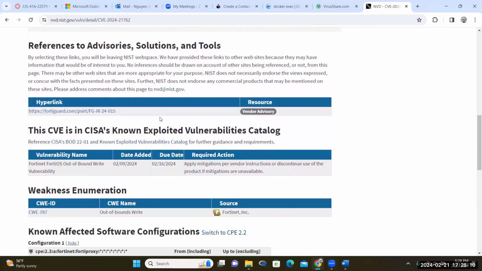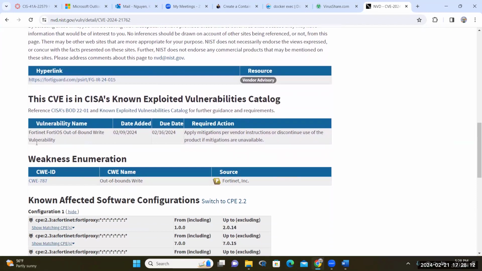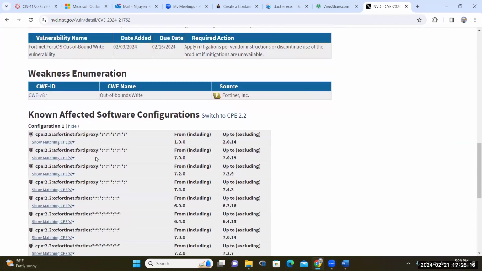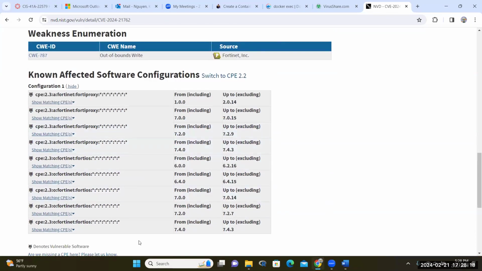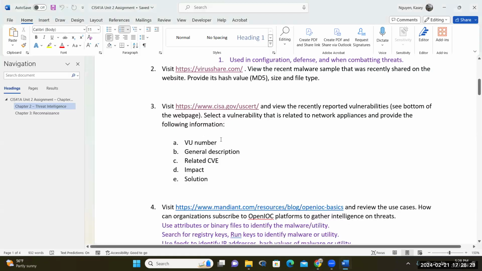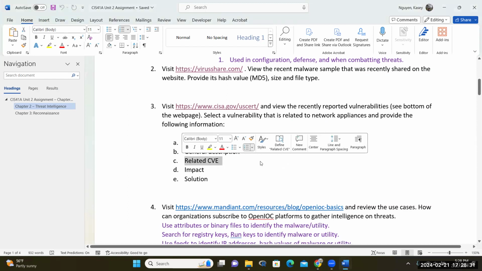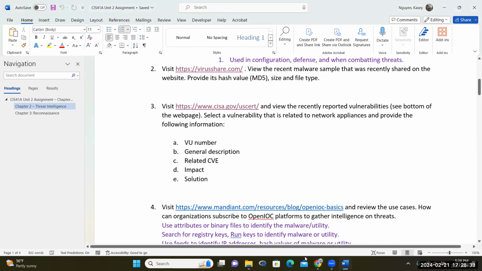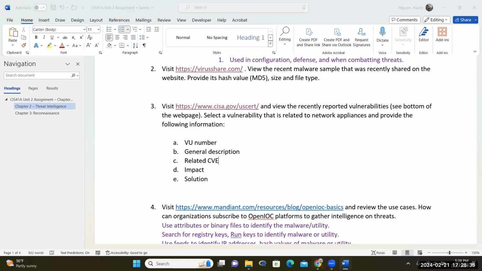So here you would see that it talks about the enumeration weakness and so on. So when you select one, once you find it, you're going to put down its VU ID, the general description, if there are other related CVEs, and what kind of impact and what solution it has.